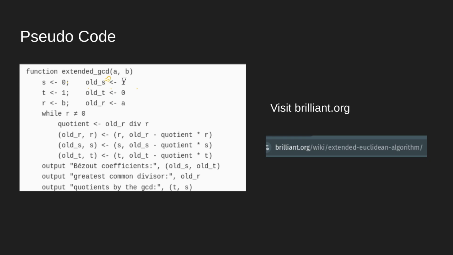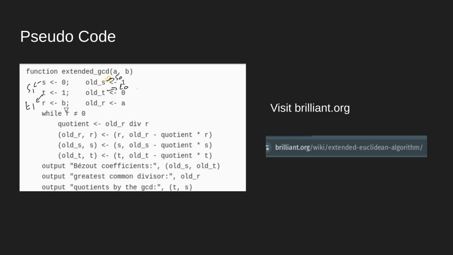So old S is S0, this is actually S1, this is T1, and old T will be T0, right. So we have this, and we set R, where first we use B as the divider, so old R is A.